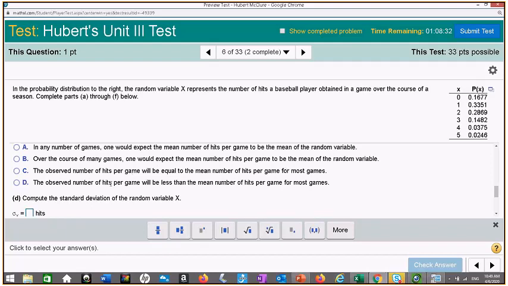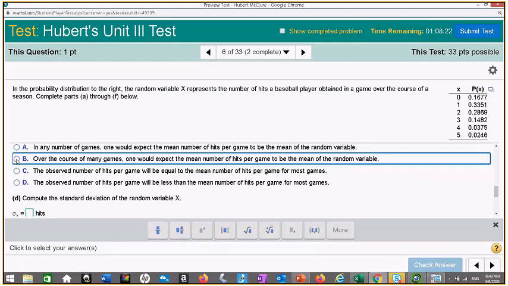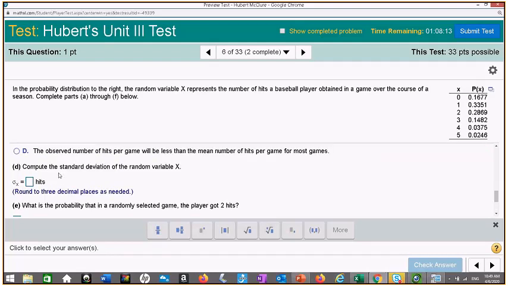The observed number of hits per game will be less than... I think it's either A or B. I would say B, but it could be either one. I think it's B. We'll see here in a minute. It says round to 3 decimal places. That's 0.882.